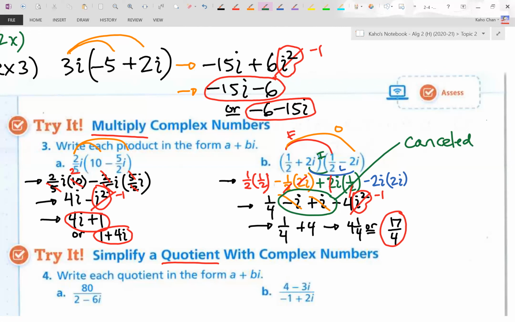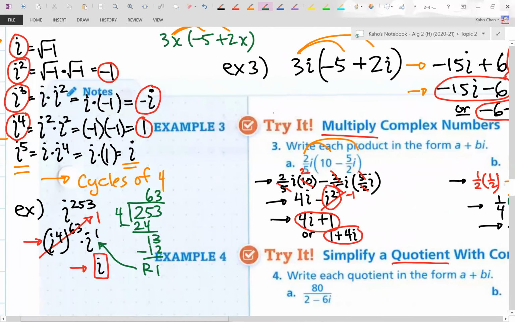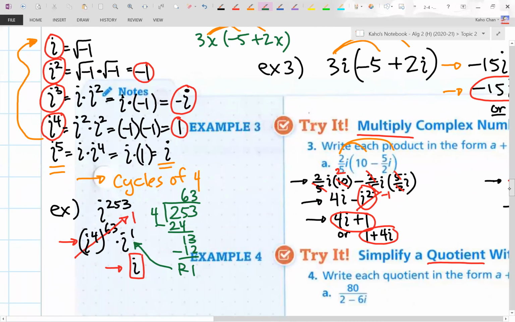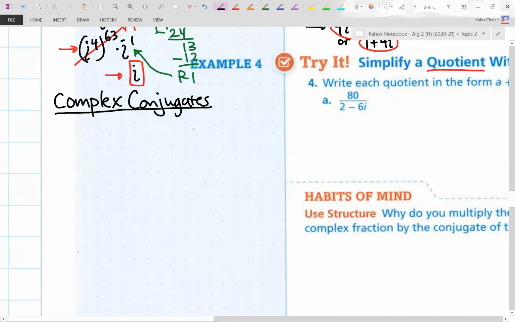And something interesting, let's go off to the left here and talk about conjugates really quick. Complex conjugates. We need them. They're important.